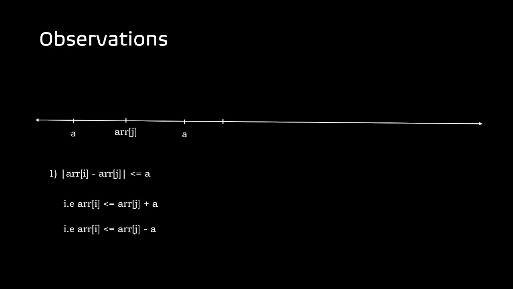Now let's consider our array k at this location. If we consider the second condition, we can formulate a similar example. If we want to satisfy only this condition, we can place our c at this location and figure out array I, that number at index I, anywhere between this range.